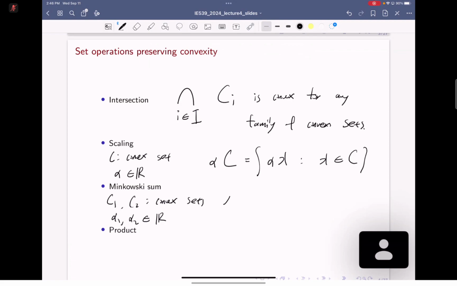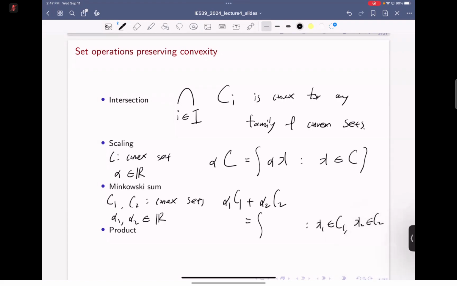Now I take alpha 1 C1 plus alpha 2 C2. This is defined as follows: you take x1 from C1 and x2 from C2, and what you collect is alpha 1 x1 plus alpha 2 x2. This is the Minkowski sum.